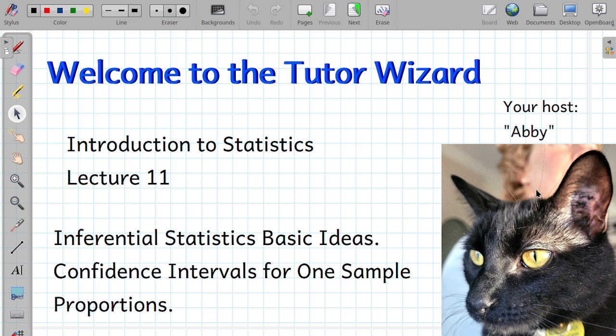Of course, we'll be doing hypothesis testing for the same, and then we'll do it with two samples. We'll do the same for mean values. We'll do analysis of variance later on, and some regression analysis along with correlation. So that's what the near future has for us. Anyway, Abby approves of that, and we're going to get underway.